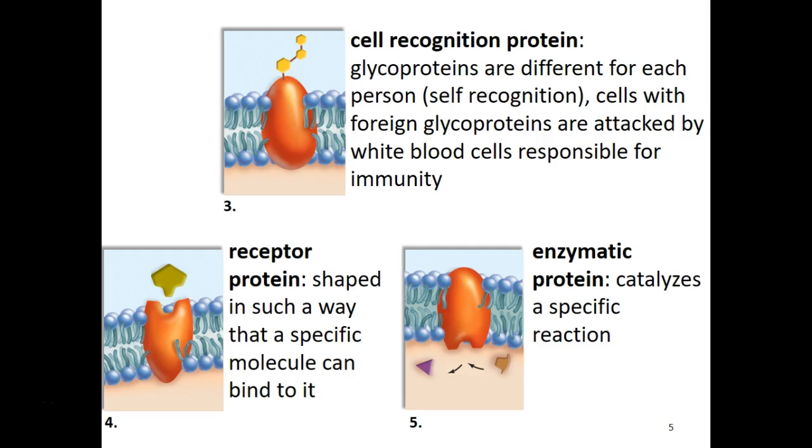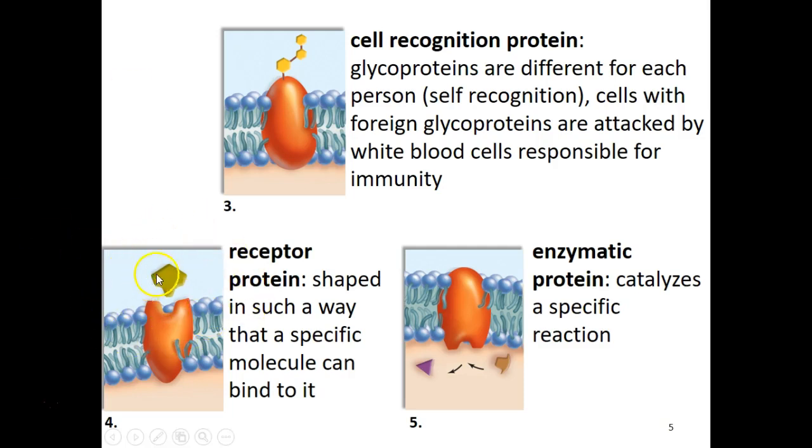But if my cells got into someone else's body or vice versa, then the immune system would attack, which is why we have problems with liver transplants and heart transplant patients, because we don't have the exact same cell proteins. We can get close, but typically we're not identical.